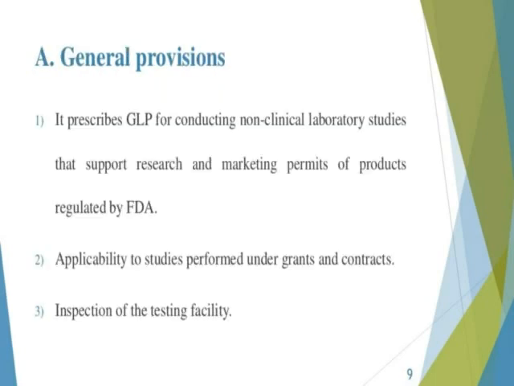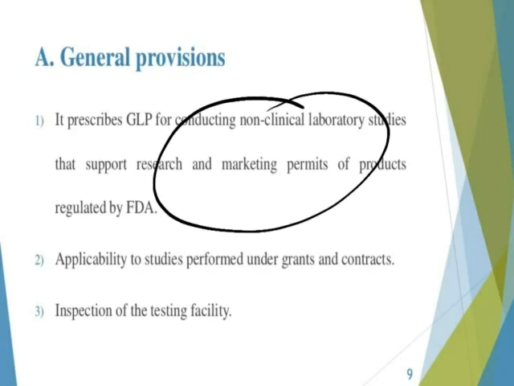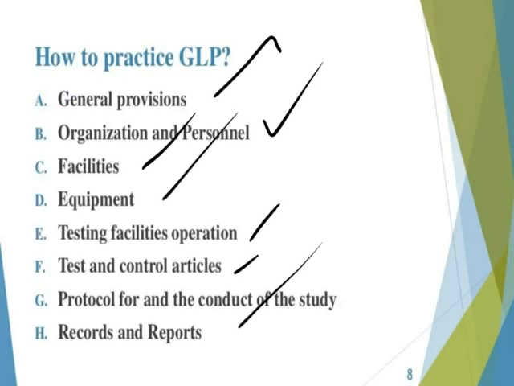General provision means it includes the conducting of non-clinical trial studies that support the research and marketing permits of the products. Then organization and personnel means the organization is providing all the facilities, all the equipment, the testing facilities, and the personnel, who are highly trained persons who have undergone the training.